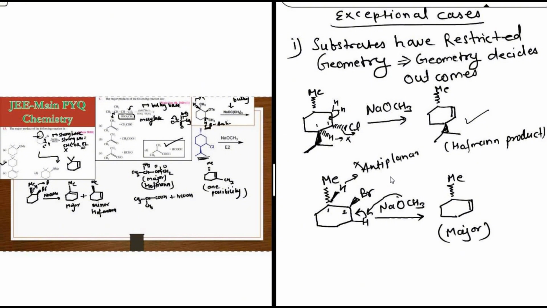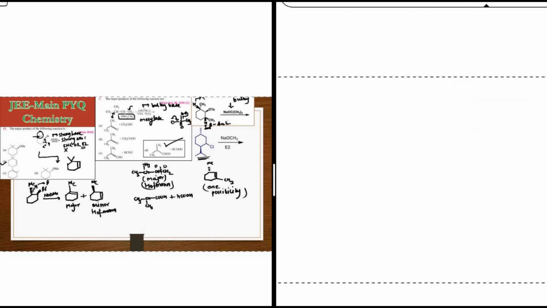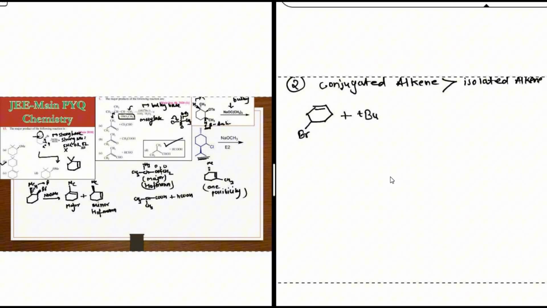Now we are going to talk about another exceptional case. The second exceptional case is where a conjugated alkene dominates over an isolated alkene. For example, if you have this kind of substrate and you are using tertiary butoxide, which is a strong and hindered base, there are two beta hydrogens, one is this and another is this one.